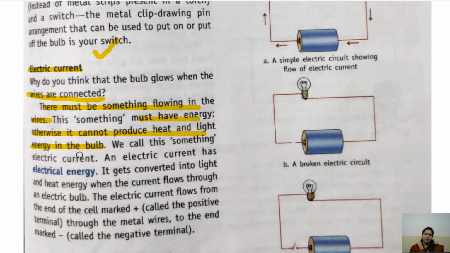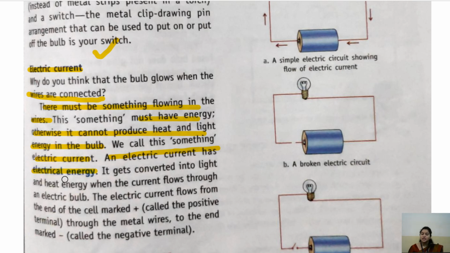So we call this something electric current. What we call it? We call it electric current. And electric current has electrical energy. Okay? This electric current is having electrical energy.